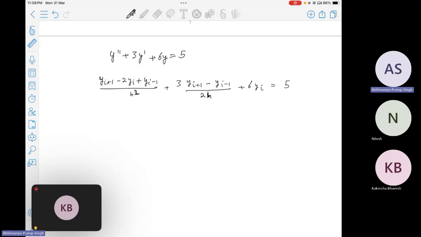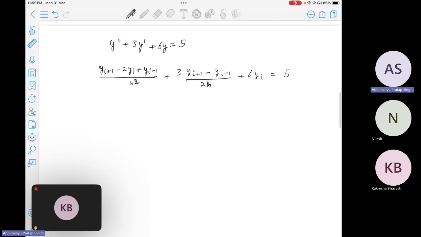Here I'm using the central difference approach. We can use either backward or forward difference. It will not change the answer by much. So let us use the forward.